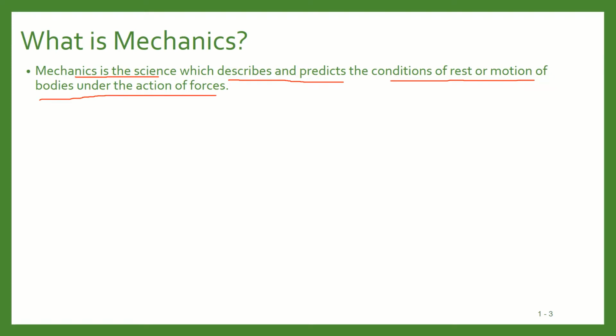So if you are having some bodies that are under the application of different forces, then by using mechanics you can predict the conditions of rest or motion of the bodies by applying the laws of mechanics.